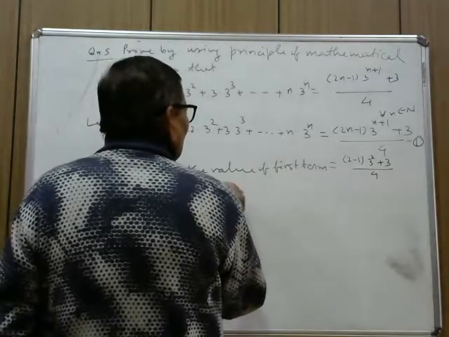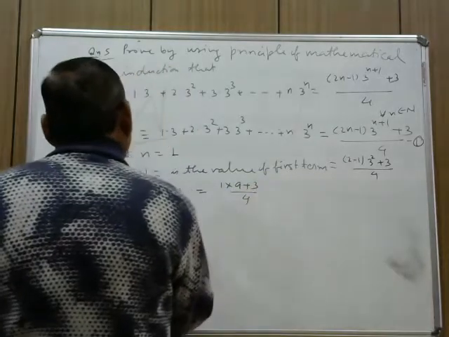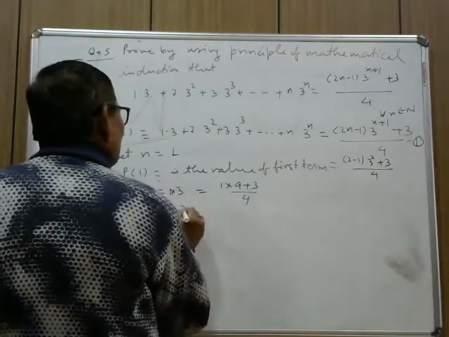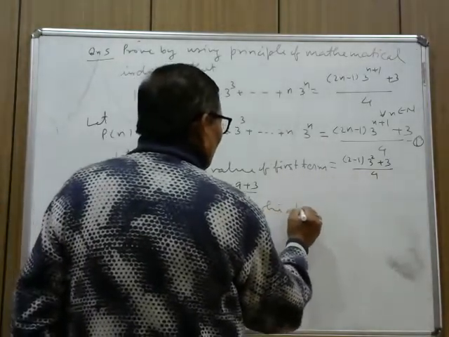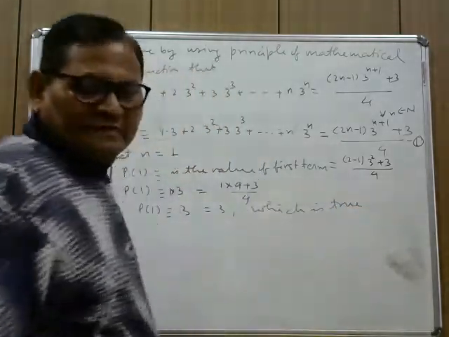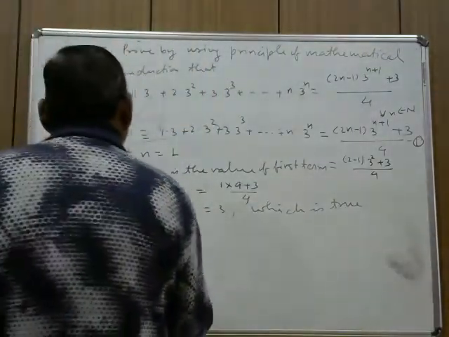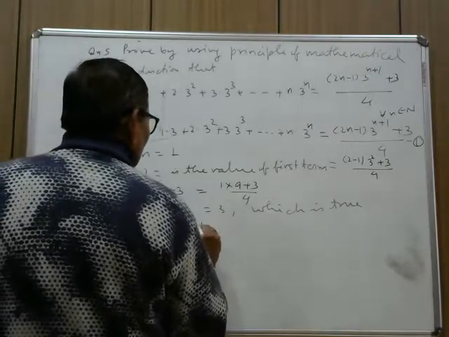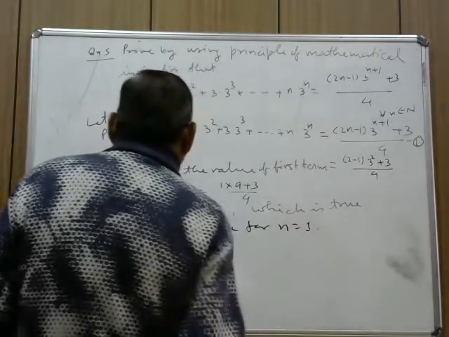That is equal to 1 into 9 plus 3 by 4. So finally your P1 equals 3, which is true. Therefore Pn is true for n equals to 1.